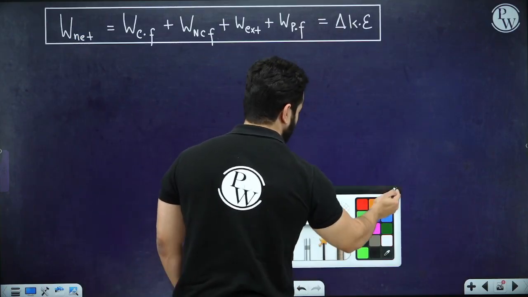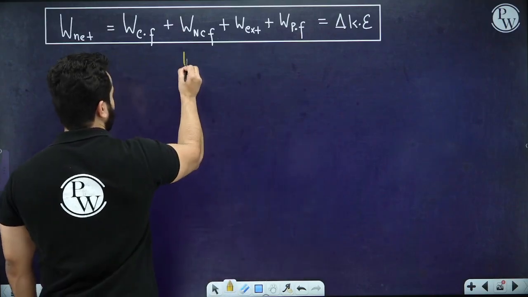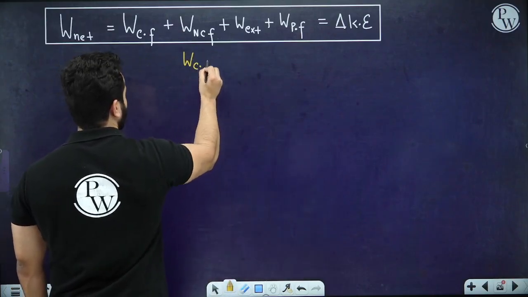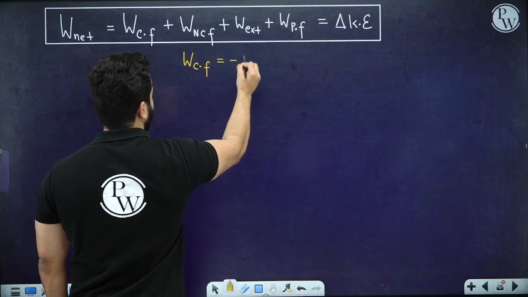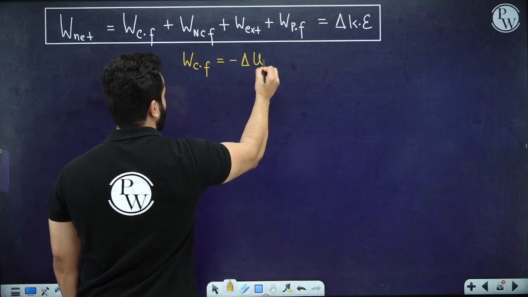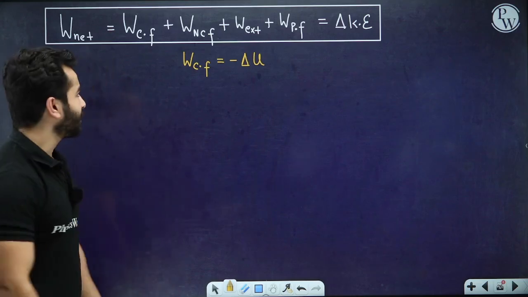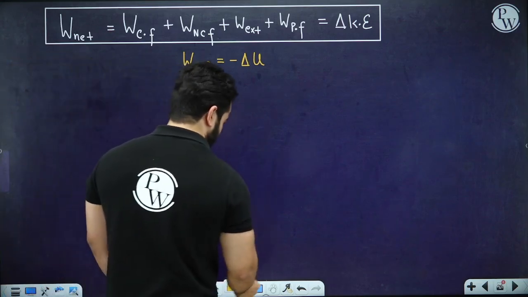Now we know that work done by conservative force is equal to the negative of the change in potential energy. Is that correct? So I can substitute it.